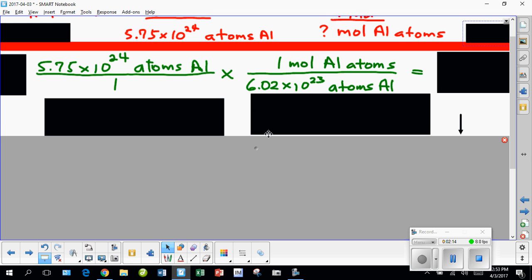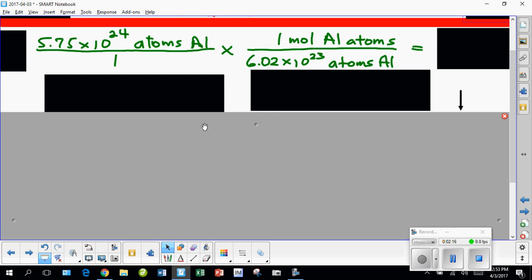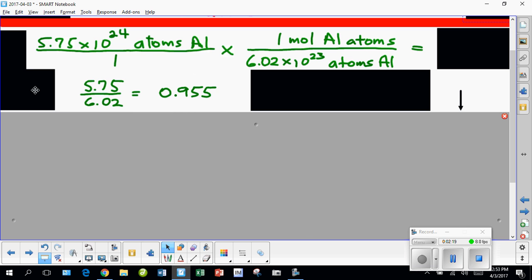So now we go through the two parts. We're going to be dividing the 6.02 into the 5.75. That gives us a number that's less than 1, which is fine. What's the other bit of math that we're going to have to do?